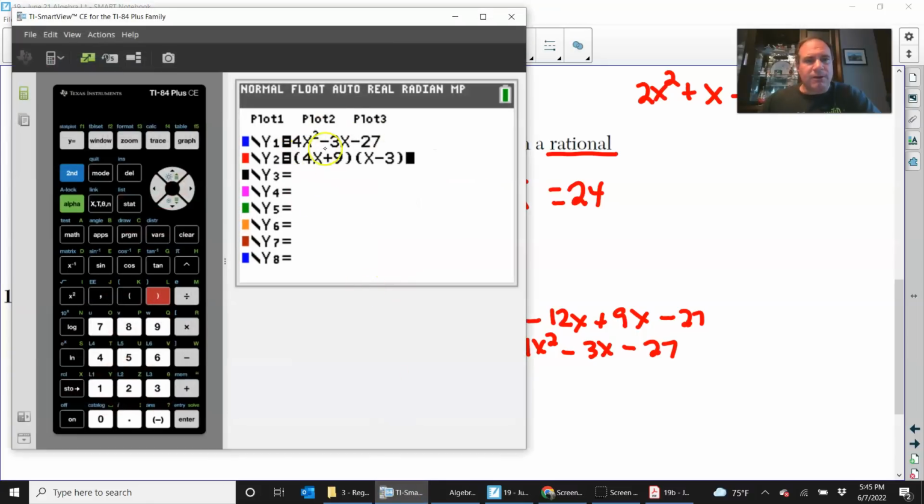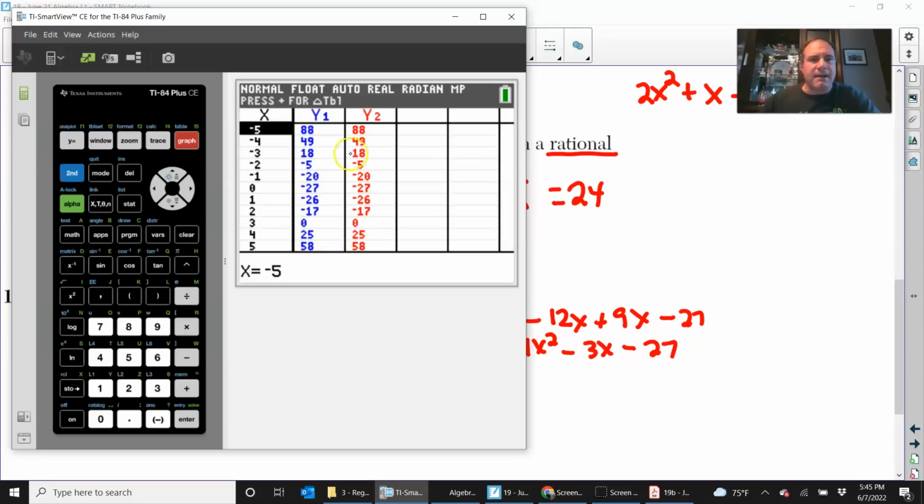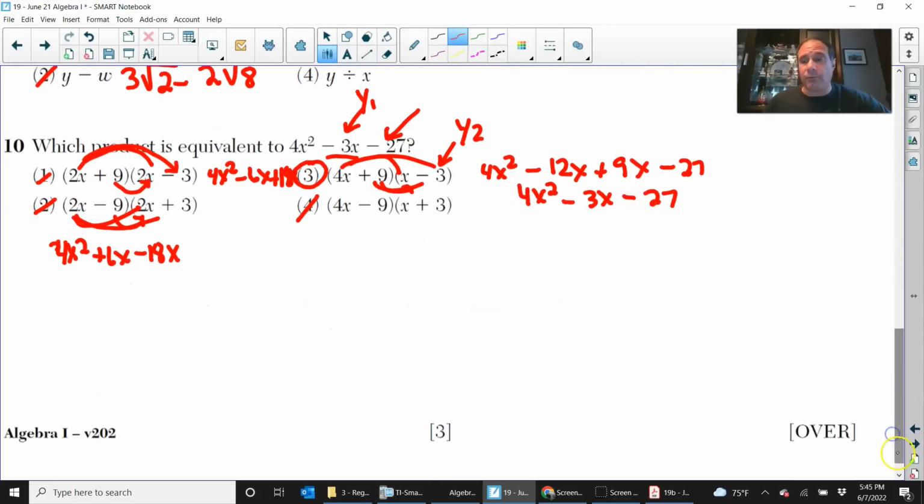So this is my y1, this is my y2. When I press the graph, you notice that it's exactly the same. And that only happens for that one because that's the answer. All right? Because they're looking for a product that's equivalent to that. So you could use your calculator 100% and that will work.